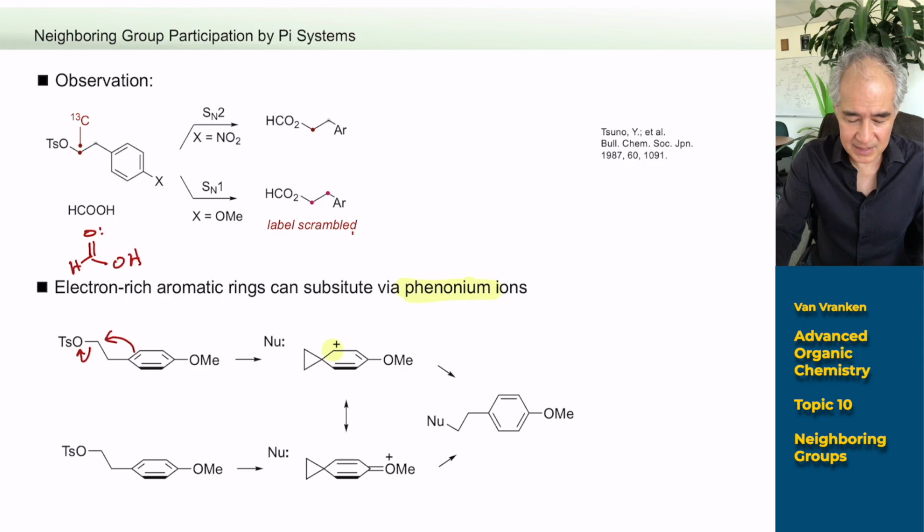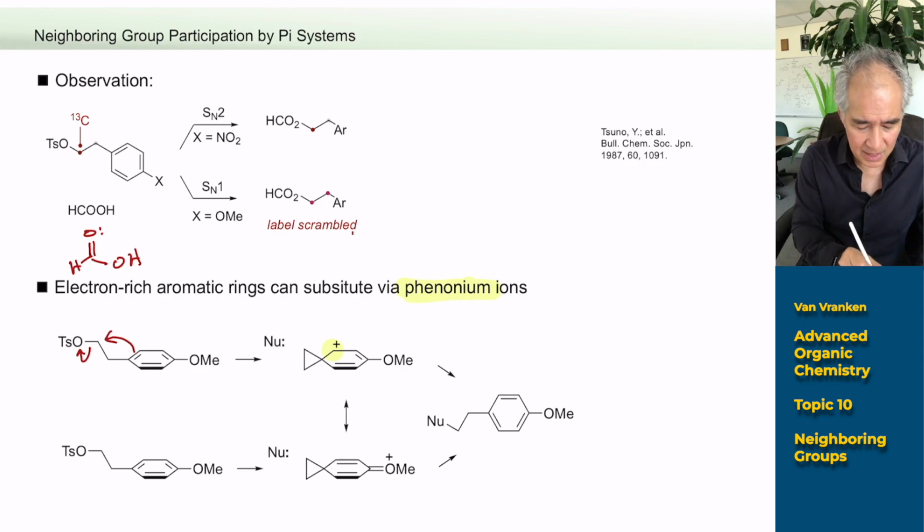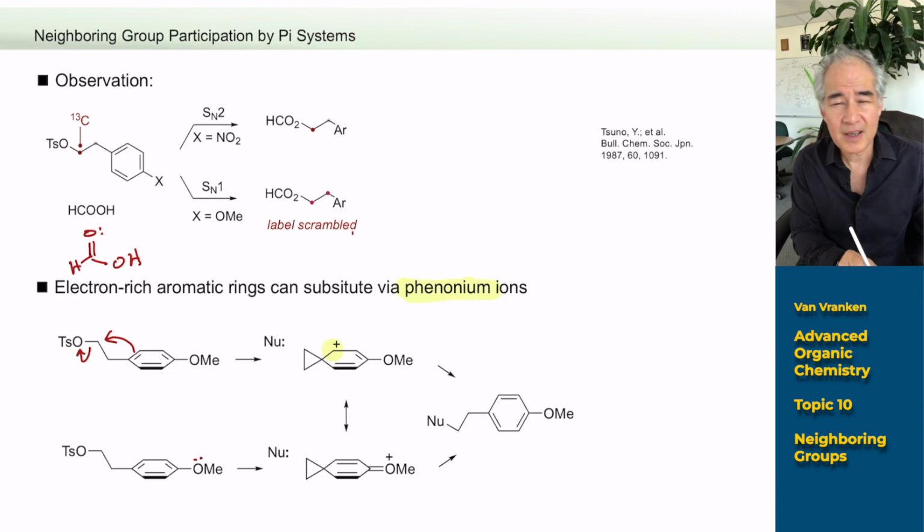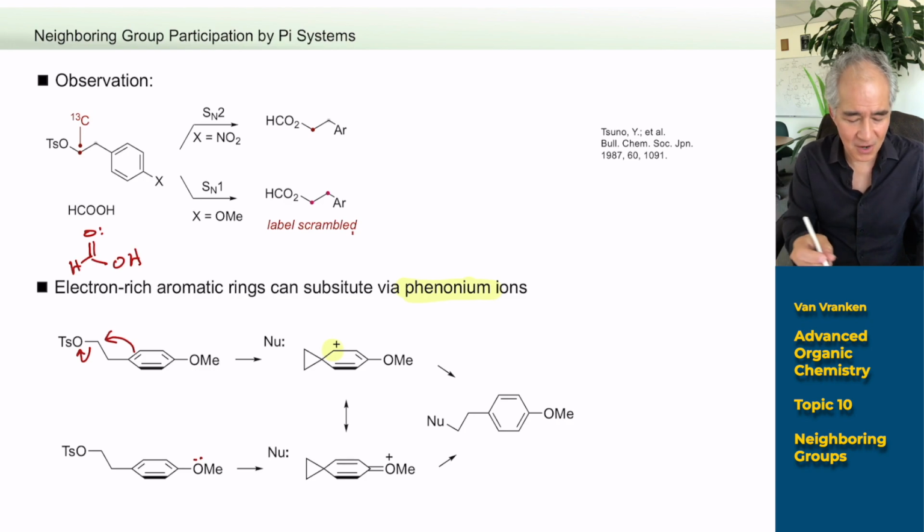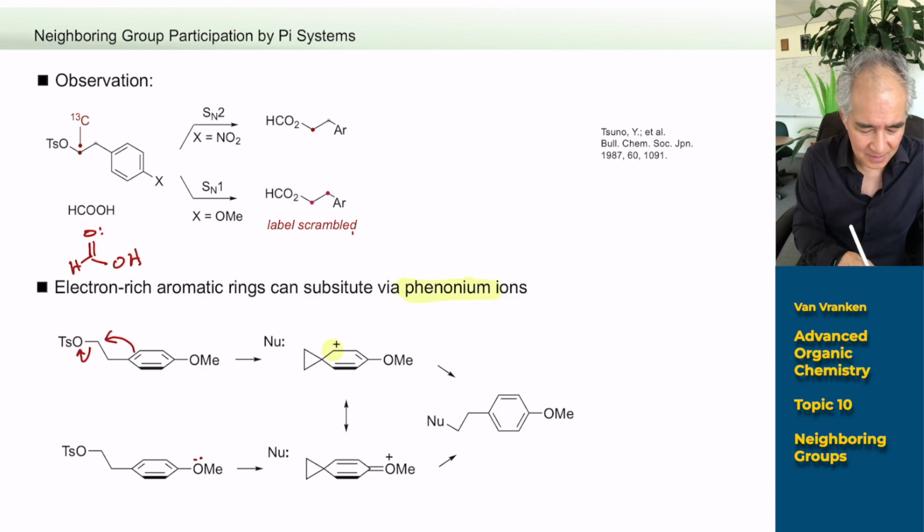Now, you could just as easily, as I've indicated below here, have drawn that same mechanism by starting with the oxygen lone pair. I've told you before, most arrow pushing mechanisms start with a lone pair. So you wouldn't have been wrong if you started with the lone pair and did it like this. It's the equivalent mechanism. So if I push these electrons all the way here, it would look like that.